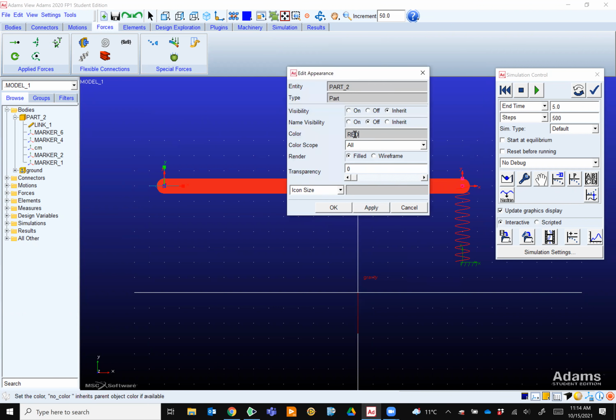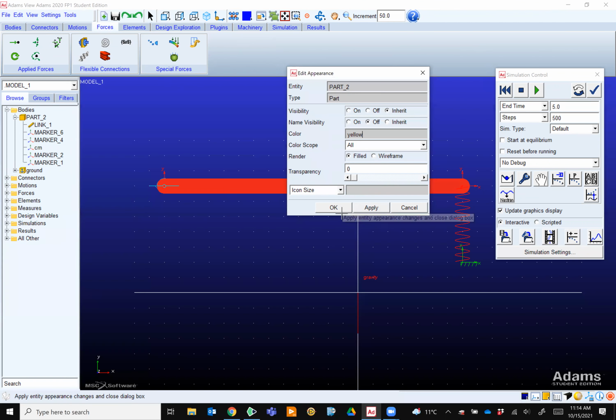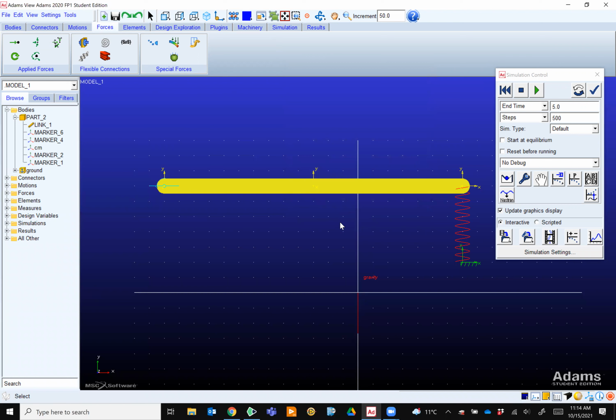Let's change that color. I don't like that color. I should have brought my keyboard. All right, so we have a spring there, right? What else do we have? We have a damping.